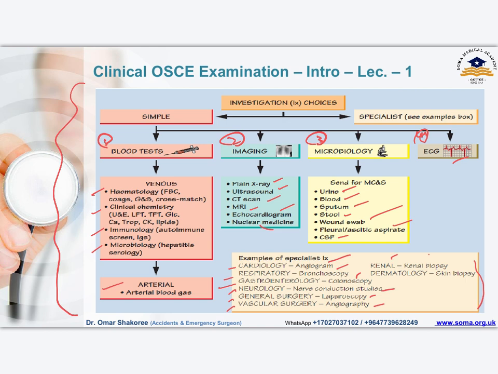Renal biopsy may be needed, and in dermatology, we may need skin biopsy. So this slide contains all the investigations you need to know. If you know nothing about the station, you have to know the rule of investigation. You can start by saying, I will send for the simple investigations like a blood test, imaging, microbiology, and so on. You can just enumerate some of them.